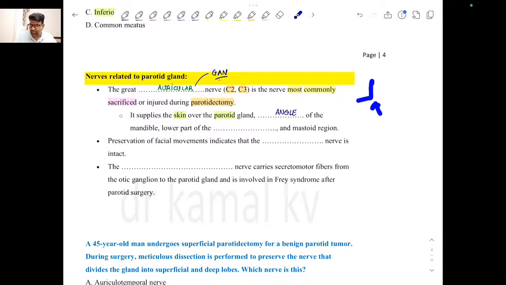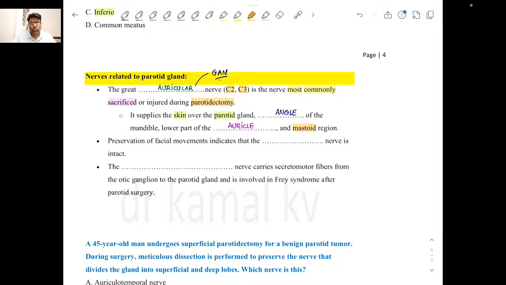So angle of the mandible is very important. And as the name includes auricular, it supplies the lower part of the auricle, or pinna, and mastoid region. So this whole area is the territory of great auricular nerve, which provides sensory innervation.